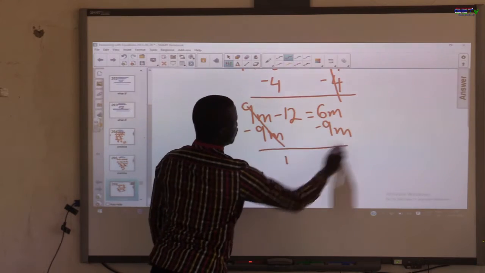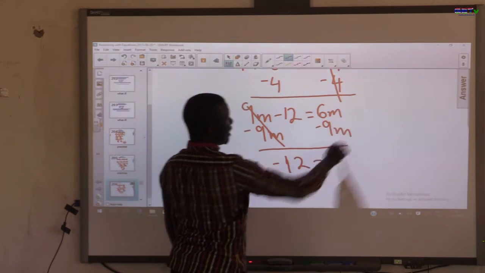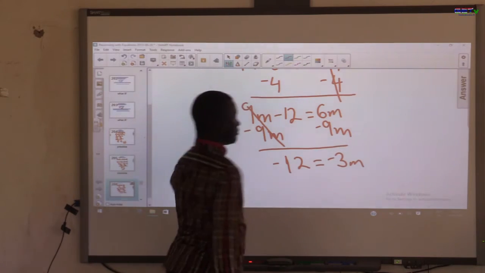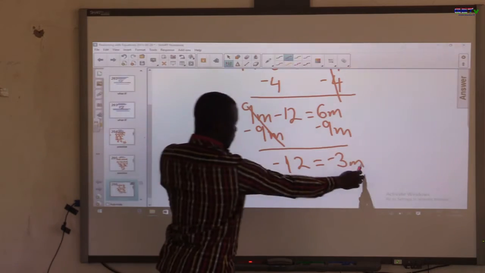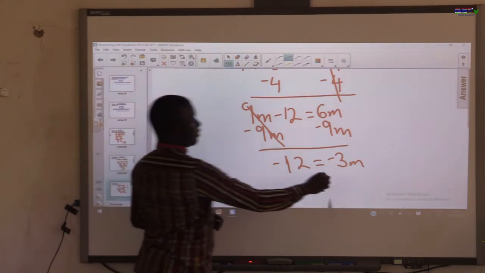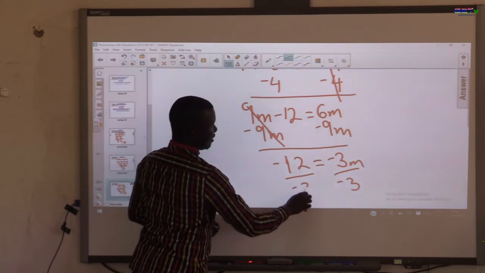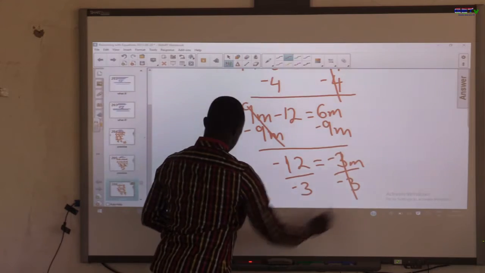We have negative 12 is equal to 6m minus 9m, negative 3m. And then here, to isolate our variable, and undo the multiplication as well, we divide the right-hand side by negative 3, and divide the left-hand side also by negative 3. Negative 3 cancels out.